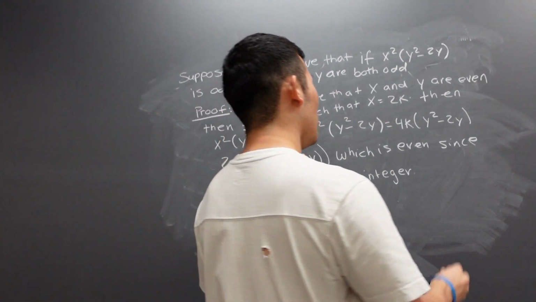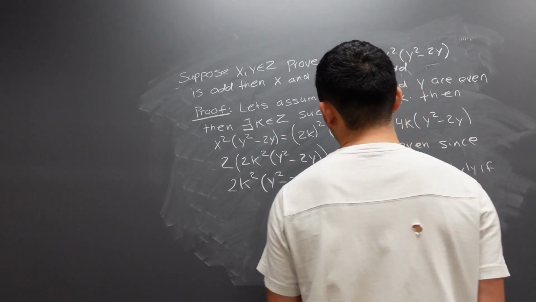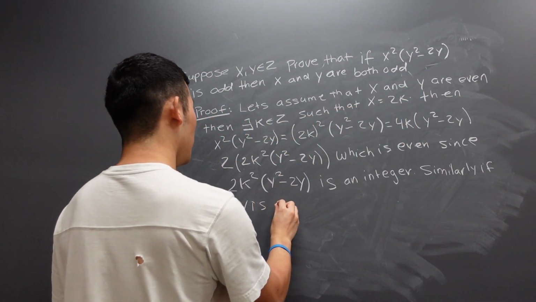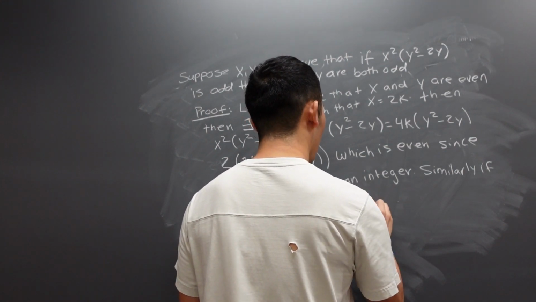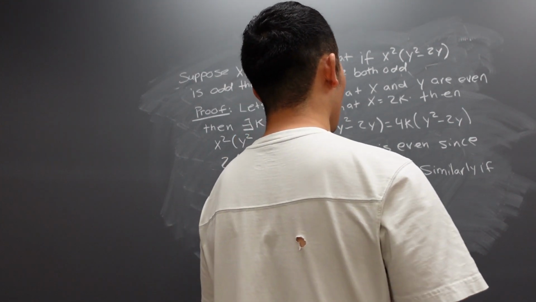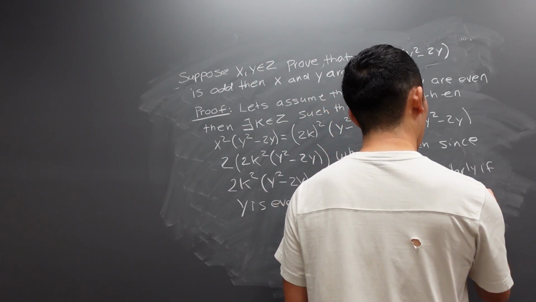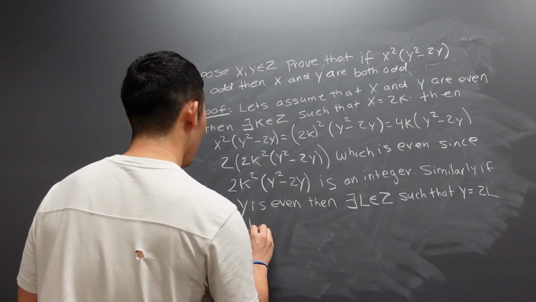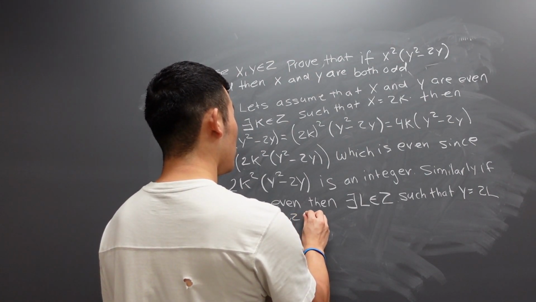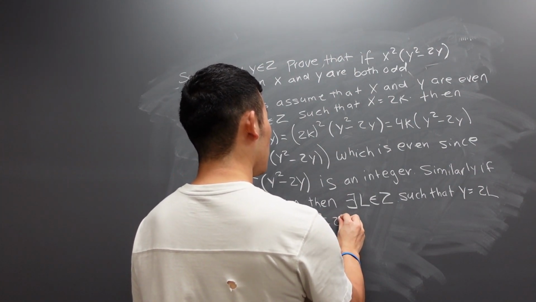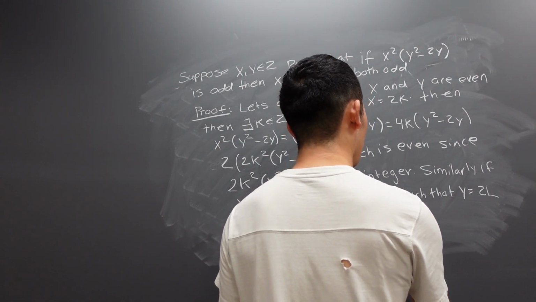And similarly, if y is even, then there exists an L which is an integer such that y is equal to 2L. Then place the 2L here.